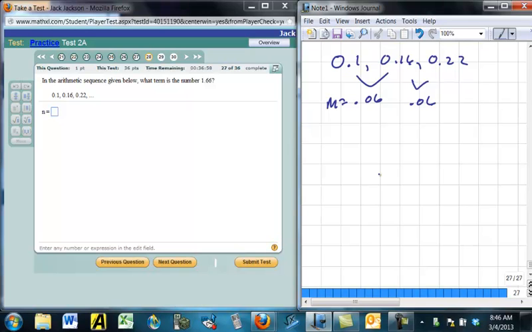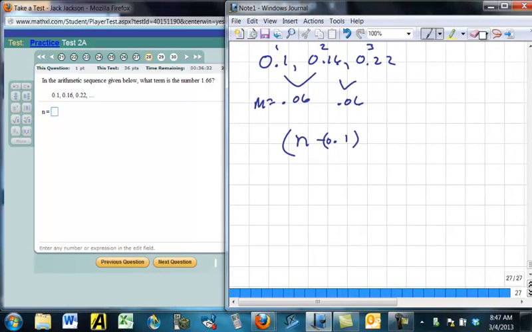Okay, so what it wants to know is the term number that goes with the term of 1.66. Well, again, we need to find our formula. Again, our inputs are 1, 2, and 3. So we can do n minus 1, and oops, put the parentheses there, like that. And then the m goes here. So this is m. It's like the point slope formula.